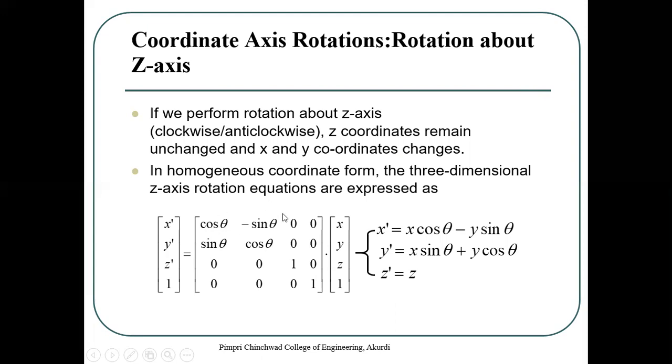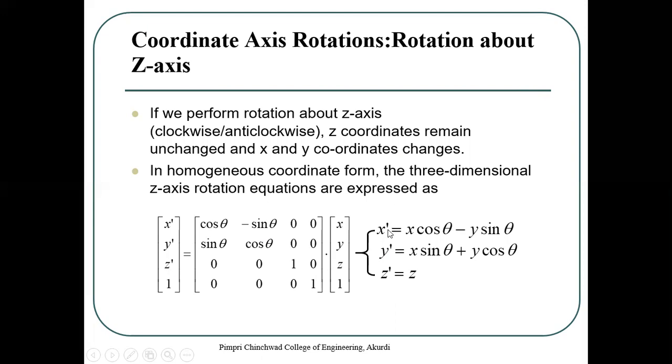This is actually the 4 by 4 rotation matrix that we want to multiply with the original point, which is represented in the form of the vector x, y, z and 1. Multiplying this rotation matrix with the original vector, we will get the new values of x, y and z after rotation.